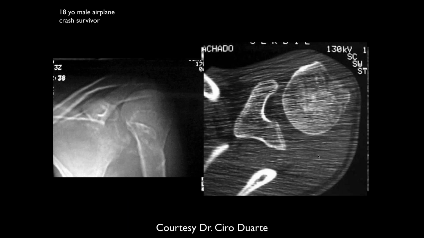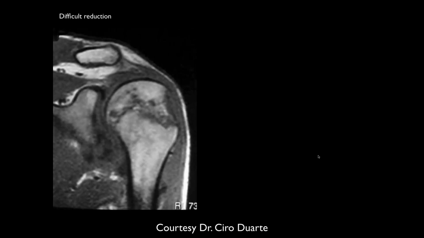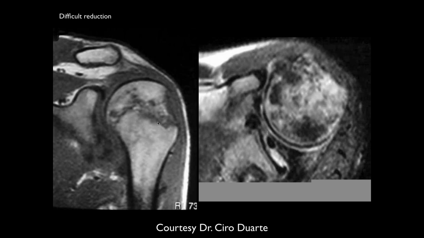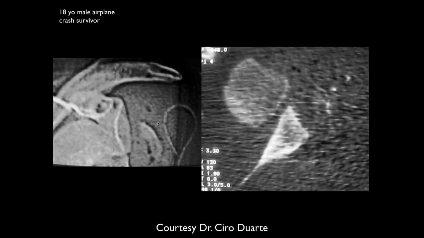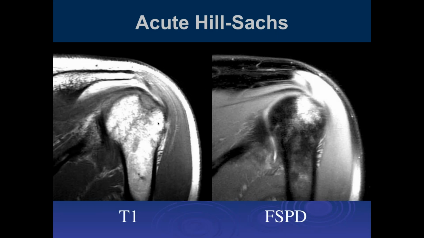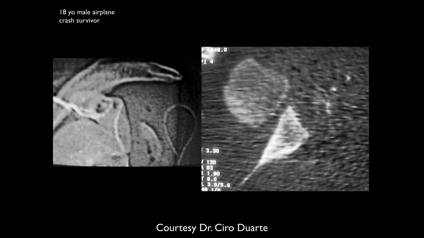Okay, so this was from Brazil, and we can see displacements there, and then a big fracture. This was a patient who had an anterior dislocation, which we can see here.